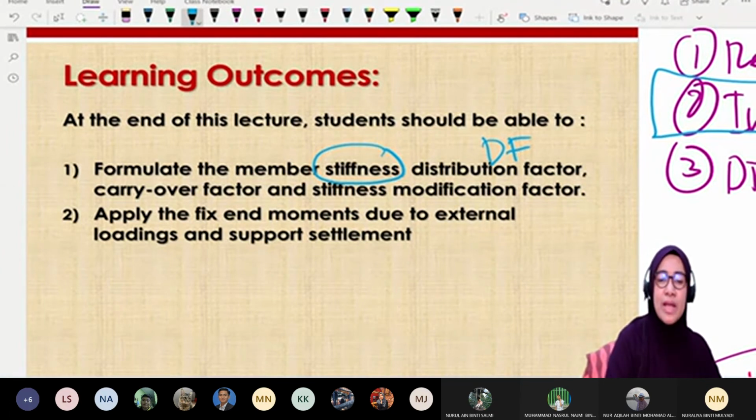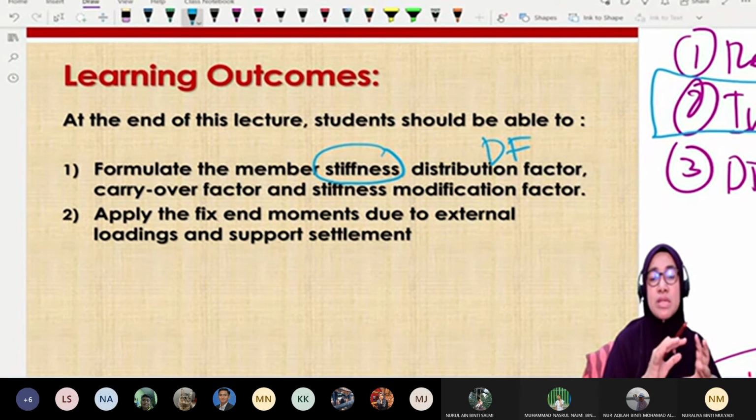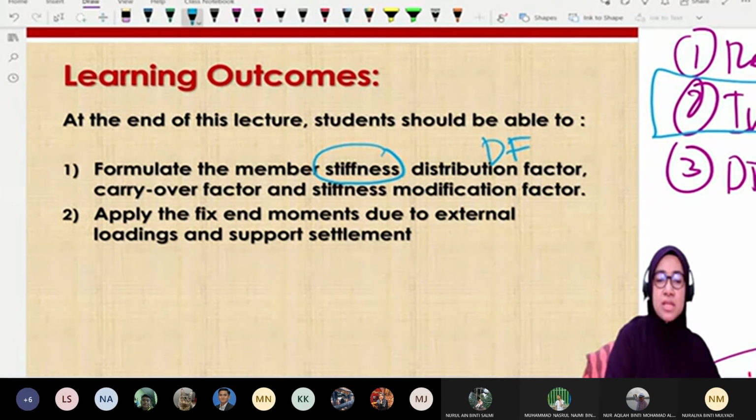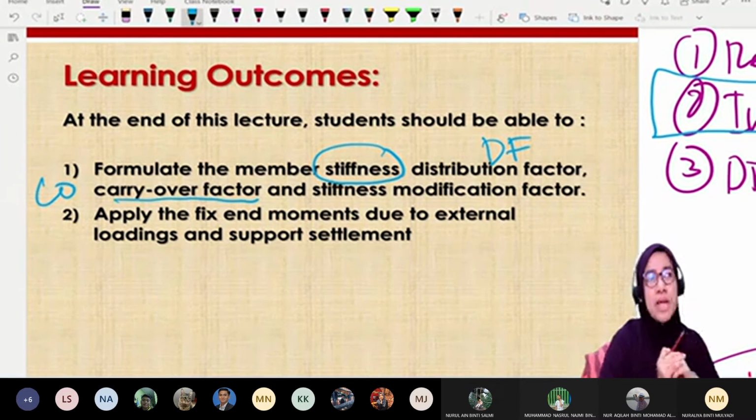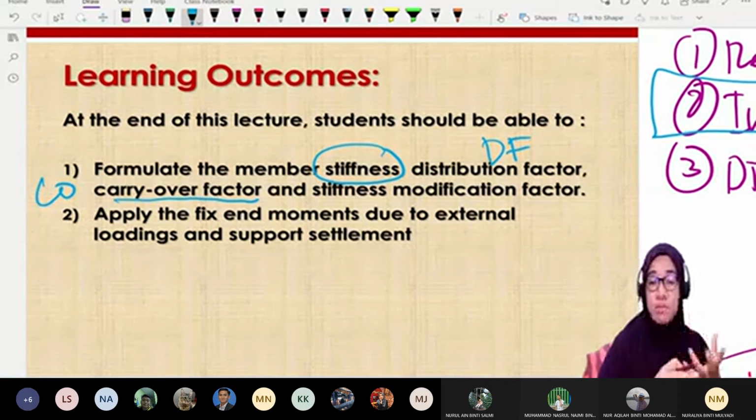Carry over factor, COF, the factor that we use to distribute moment. We use this factor to distribute moment. The stiffness modification factor we do not touch in detail.